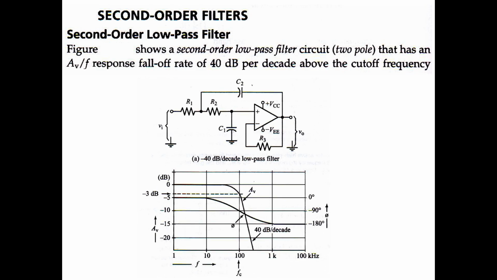So this is the minus 40 dB per decade low pass filter, and this is its gain versus frequency response. After the cutoff frequency fC, the gain falls at a rate of 40 decibels per decade.